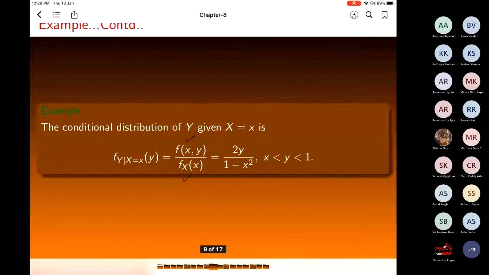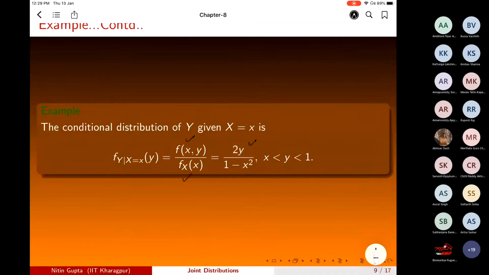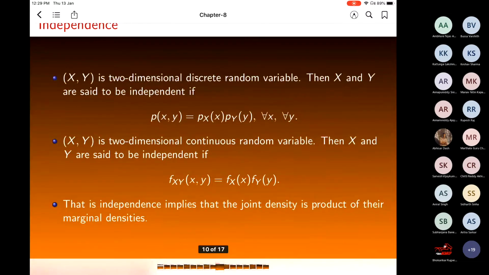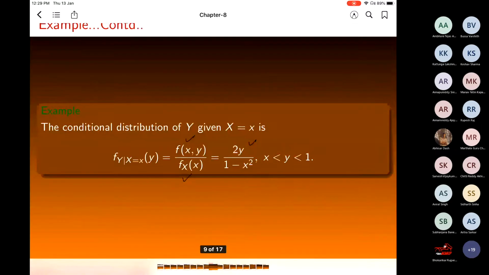So that will be 2y upon 1 minus x square, where y is between x to 1. So any question till now from any student?